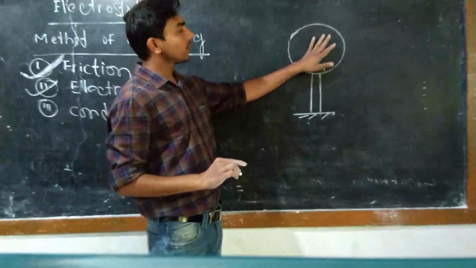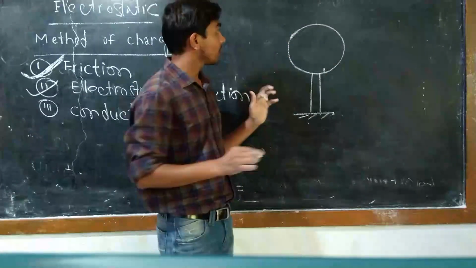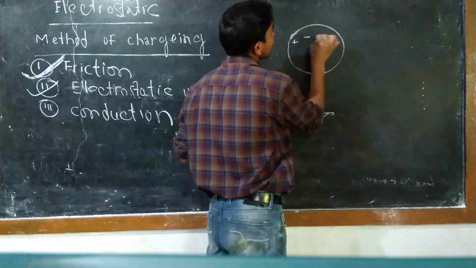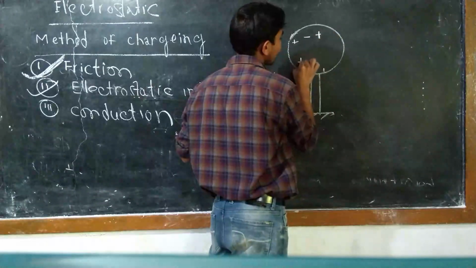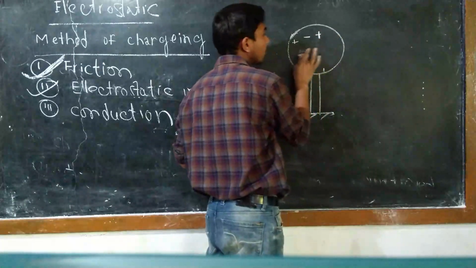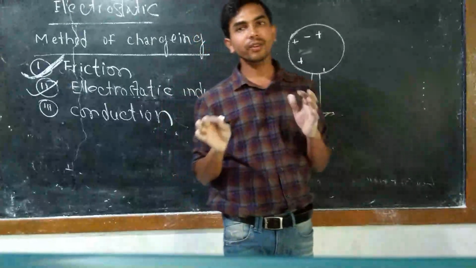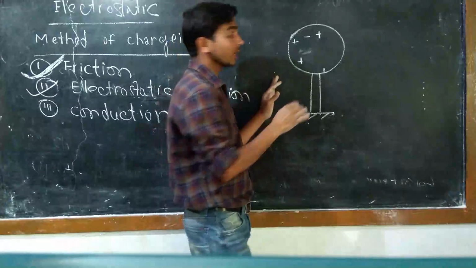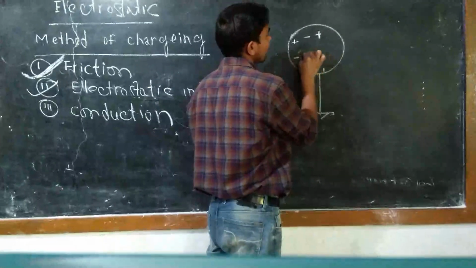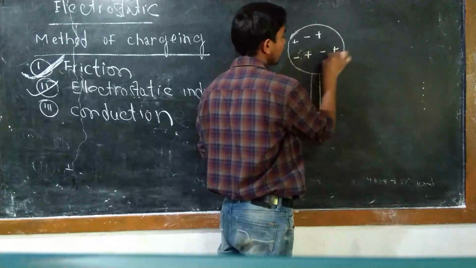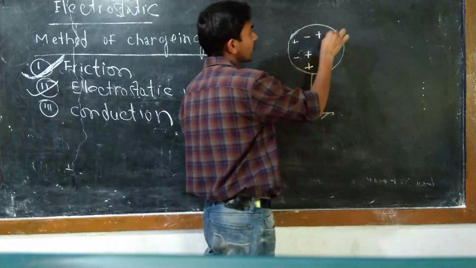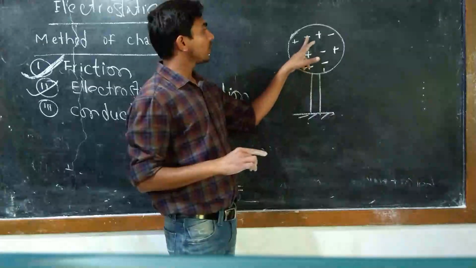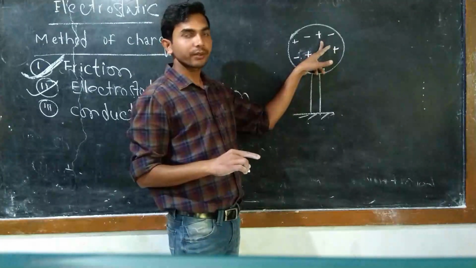No charge means positive charge is equal to negative charge. Charge exists on every body, but the net charge is zero here. So now this body is neutral.